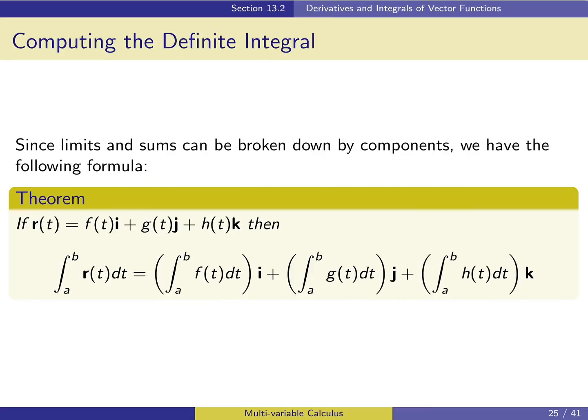One can argue, similarly to how we defined our derivative formula, that the integrals of vector functions can be spread out across their component functions. That's what this theorem says.